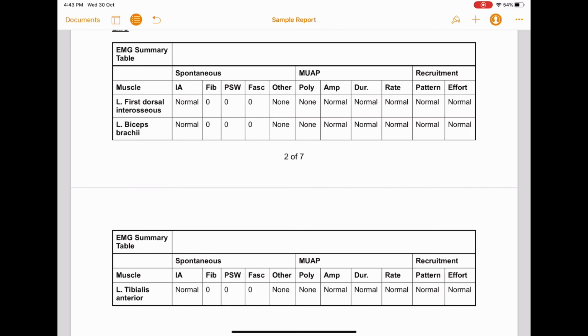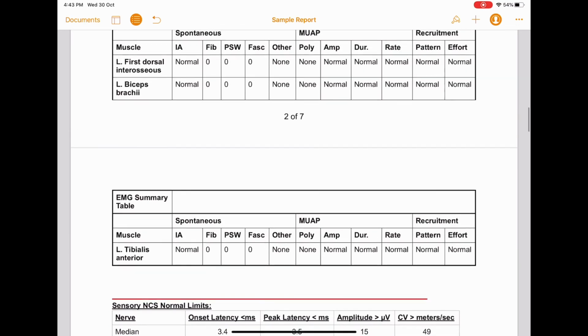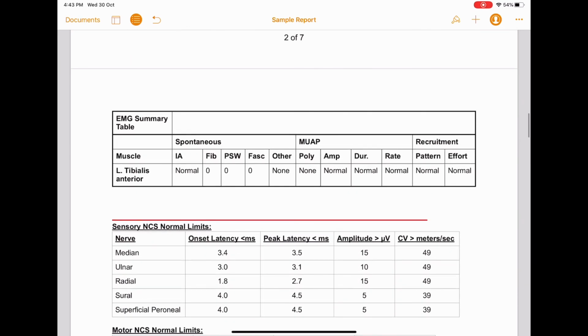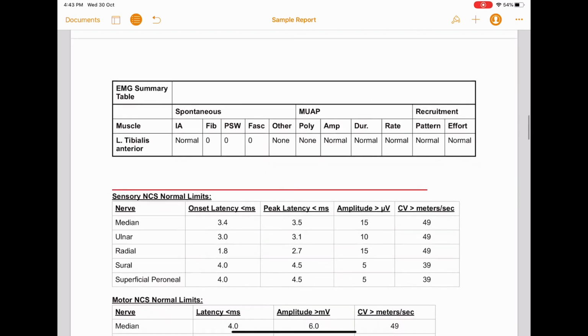And we can also note how much effort the patient is giving. If the patient has an upper motor neuron lesion, or if the patient has too much pain, he may not be giving enough effort, or he may not be activating the muscle enough. So it's worth noting that. And that can affect the number of motor units you are seeing.